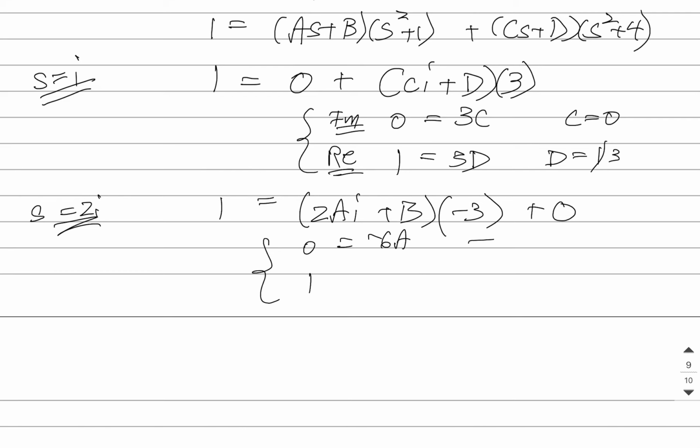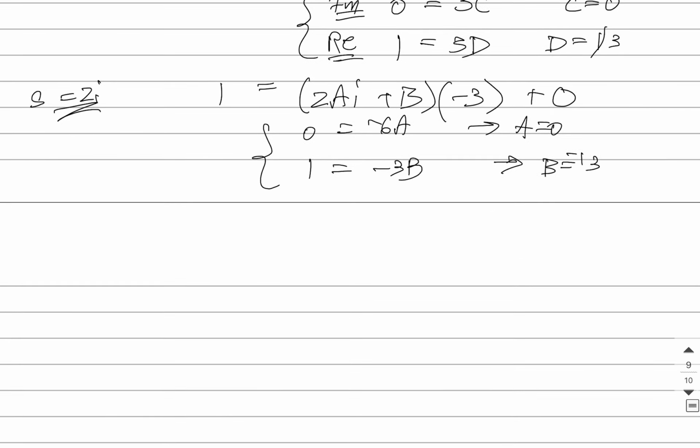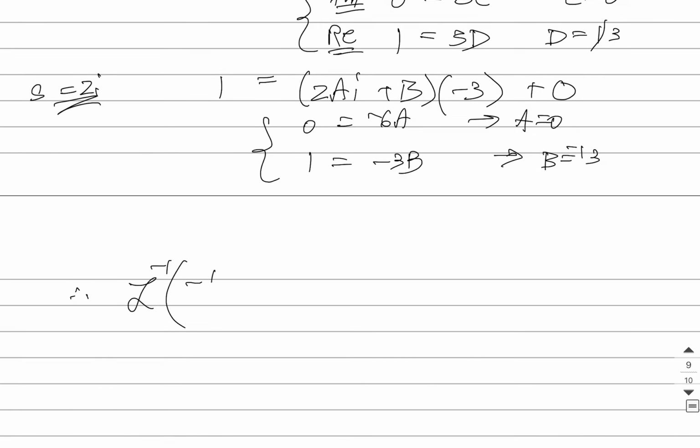So you'll find that a is 0, and this will be negative 3b. So b will be negative 1/3. That means for your impulse response, you're basically going to have the following: negative 1/3 times 1 over s squared plus 4, plus 1/3 times 1 over s squared plus 1.